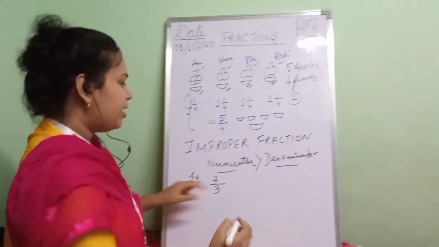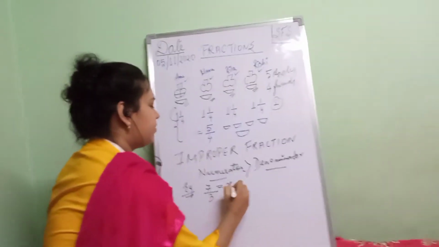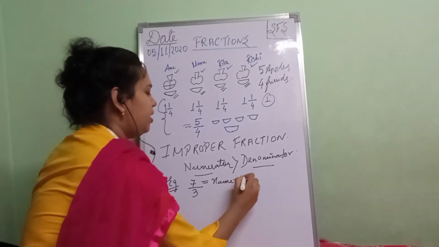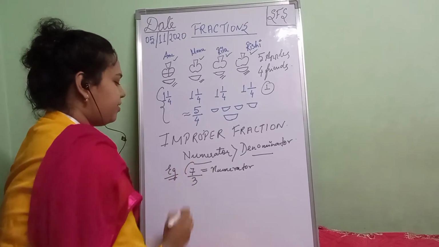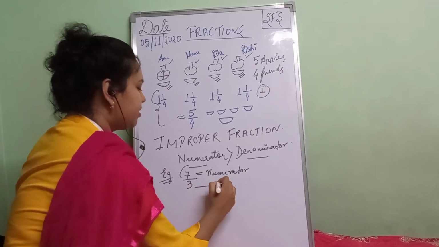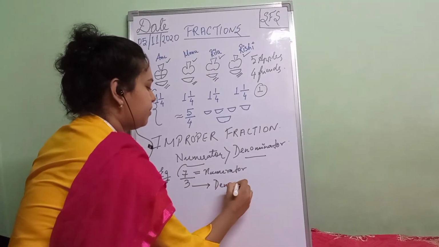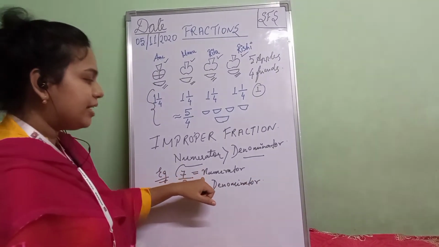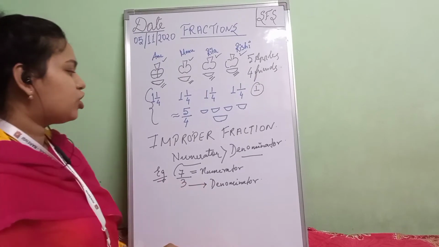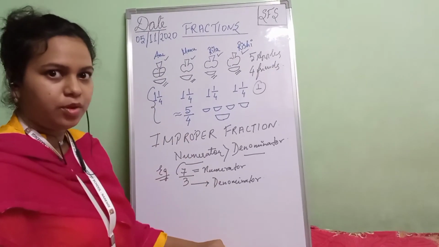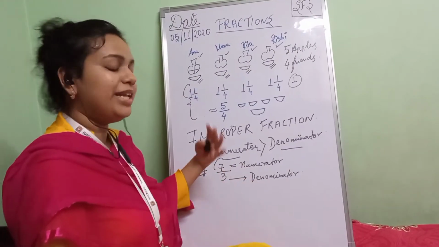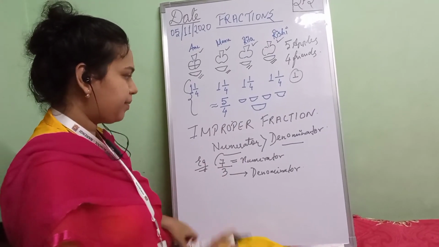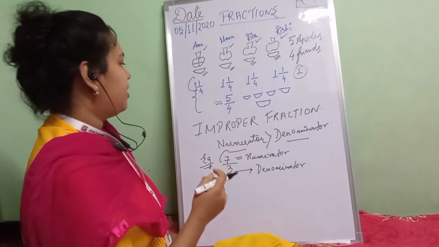Now see, here the numerator is 7 and the denominator is 3. And since the numerator is greater than the denominator, it is called an improper fraction. Alright, students? Now look.